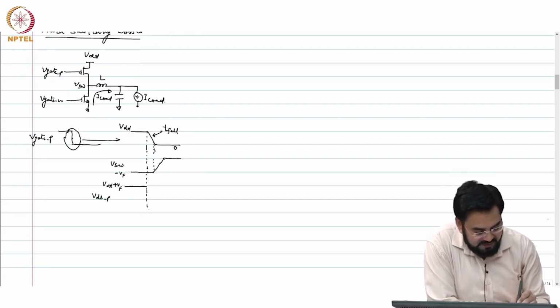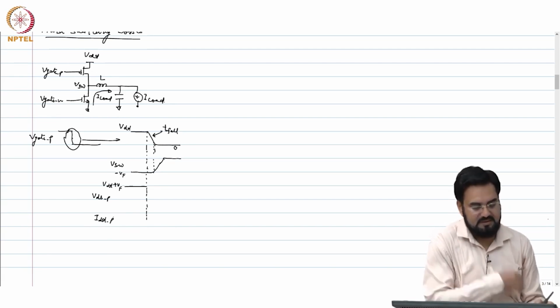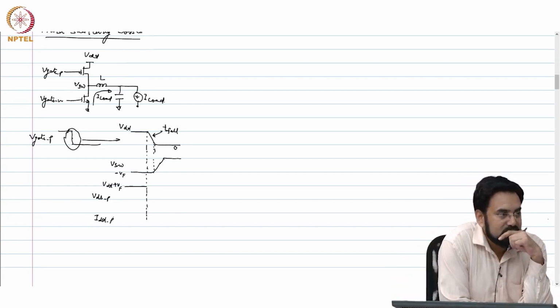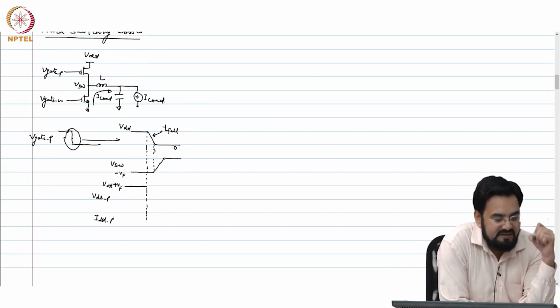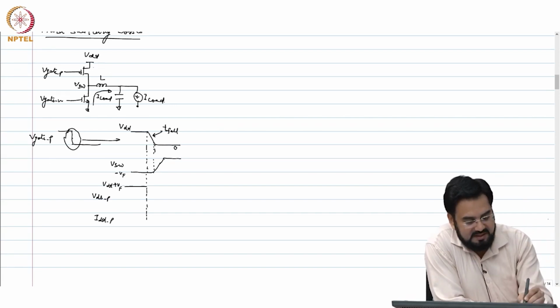Then what would happen to the current IDD P? It will start rising, correct, and where will it go? Ultimately, at what current will this IDD P settle? I load.